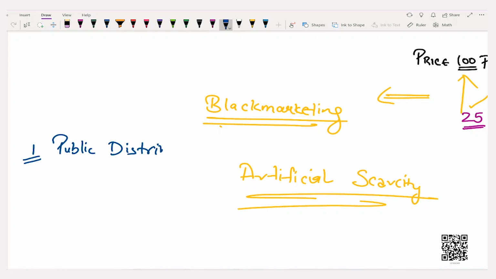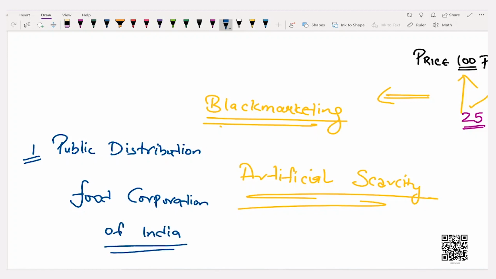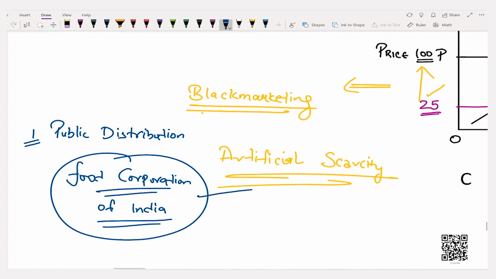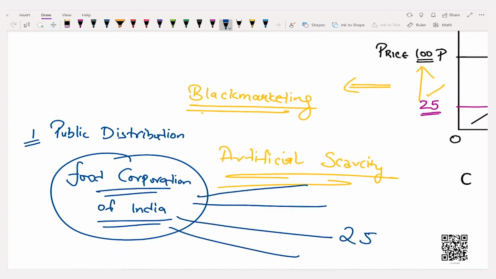You must know that the government also procures some part of the farmers' agricultural produce and stores it in the Food Corporation of India's godowns. So, the Food Corporation of India is actually a storehouse for the agricultural produce purchased by the government. The stock with the Food Corporation of India should be distributed among common or poor people at the prices declared by the government, in this case 25.